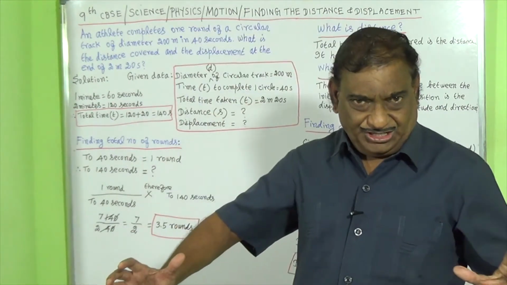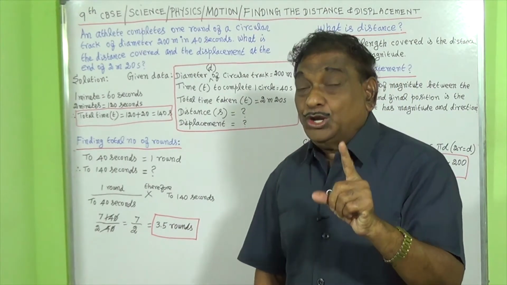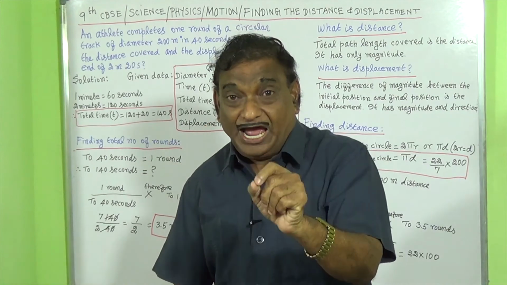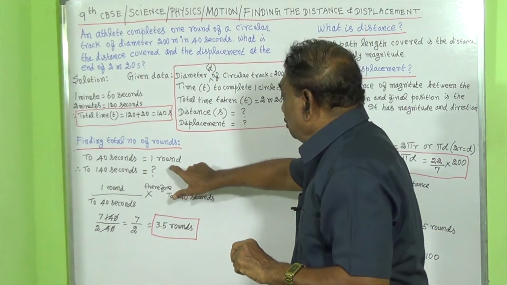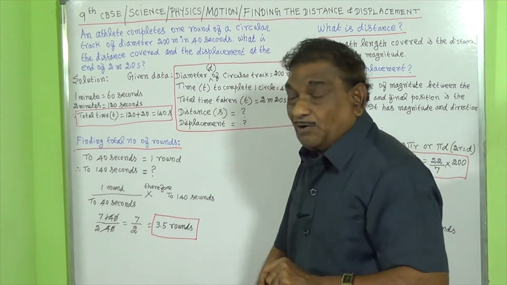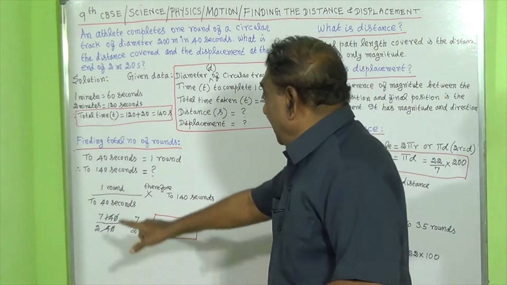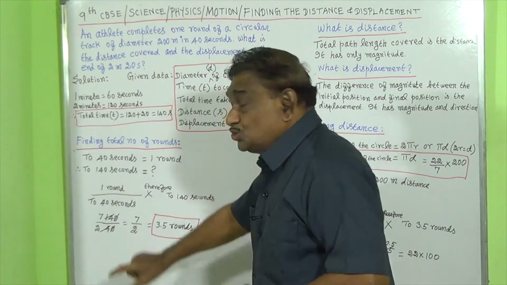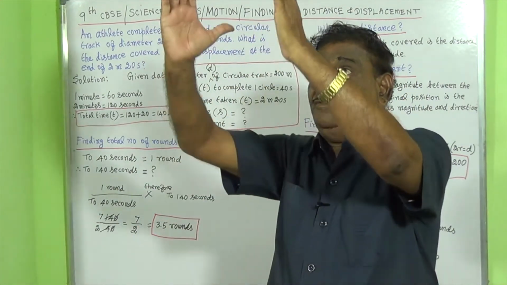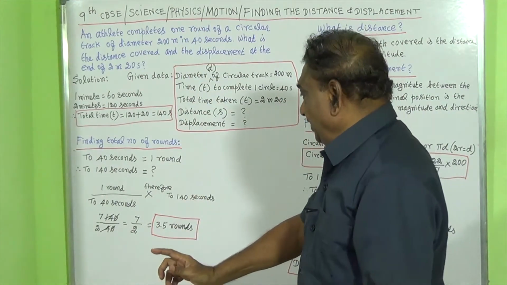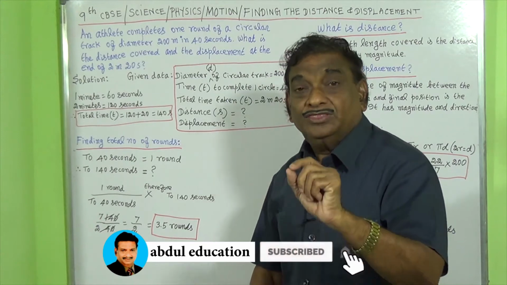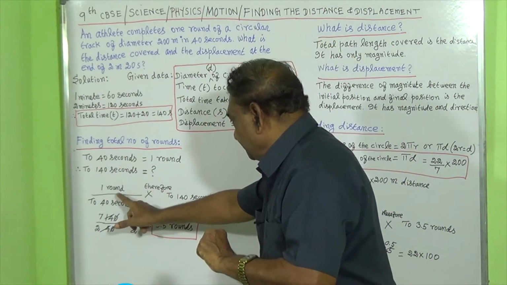In this case, we are going to find the number of rounds, so the number of rounds should be placed in the numerator, and its relation, that is 40 seconds, should be placed in the denominator, so that we will get a fraction: 1 round by 40 seconds.